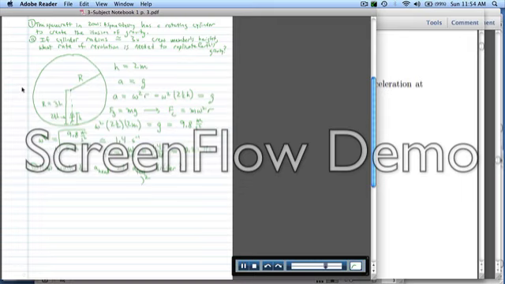So the acceleration at her feet is omega squared times the radius at her feet, where omega is 1.4 per second. So that's omega squared times 6 meters.